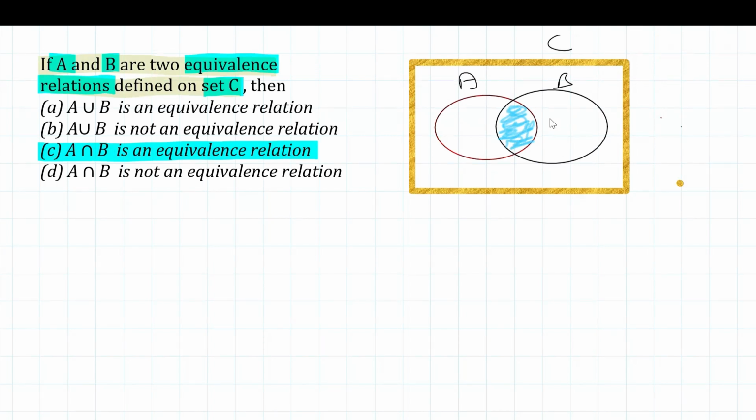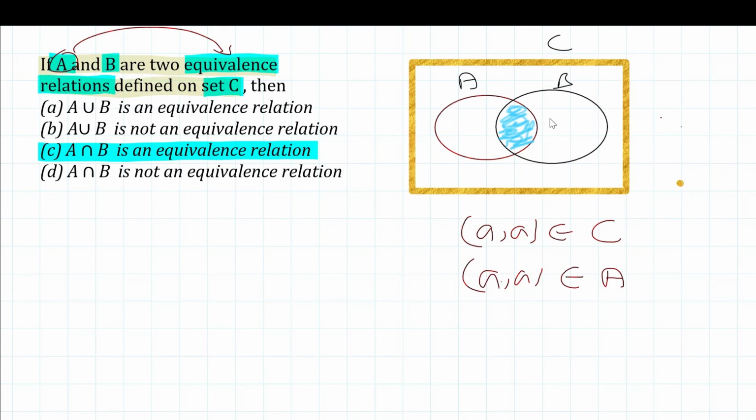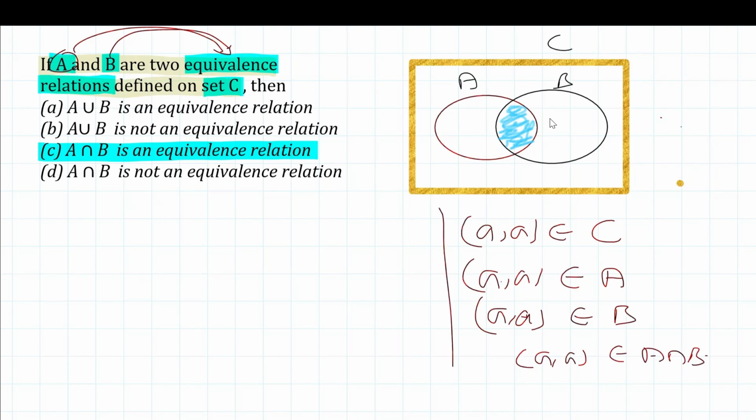If I take an ordered pair AA that belongs to set C, since A is an equivalence relation, AA will belong to the relation A. And B is also an equivalence relation, so AA will also belong to the relation B. Since AA belongs to both A and B, the element AA must belong to A intersection B.